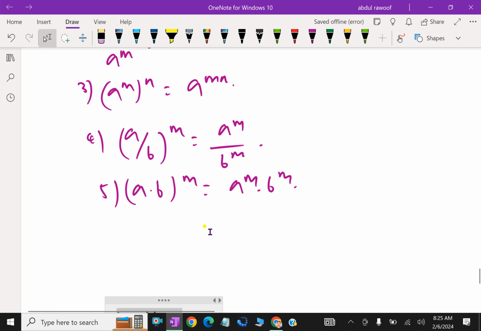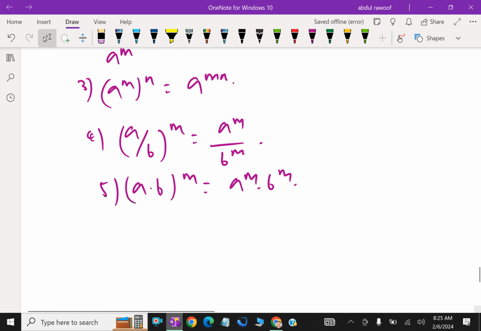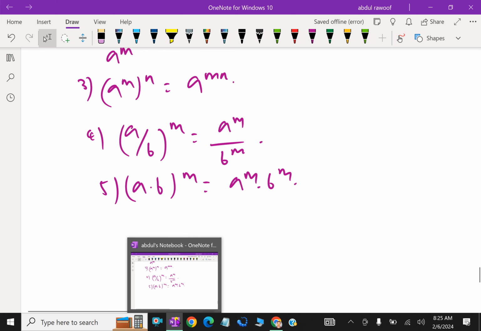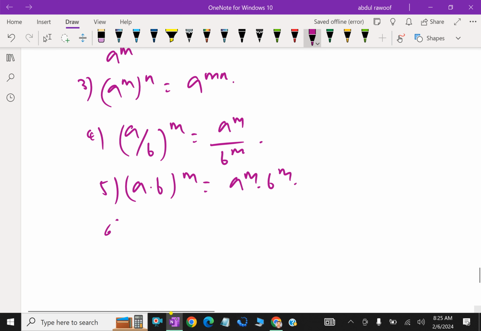Next one, the nth root of A power m is A power m over n.